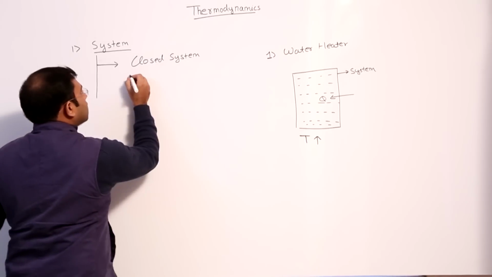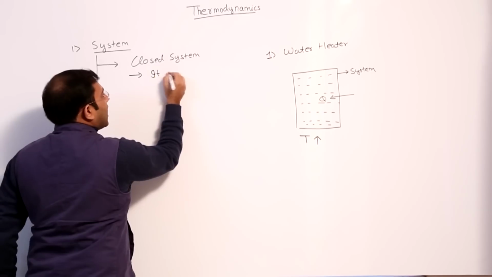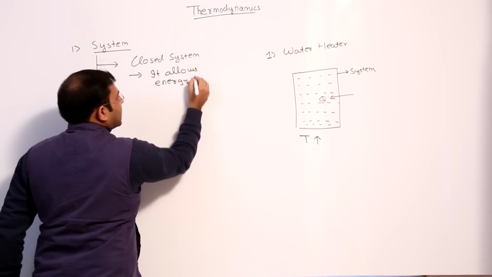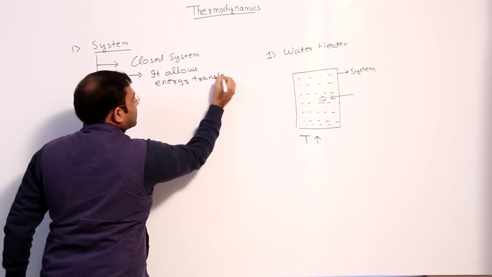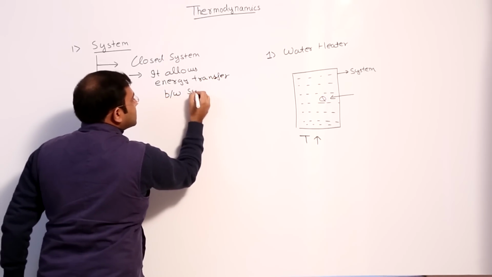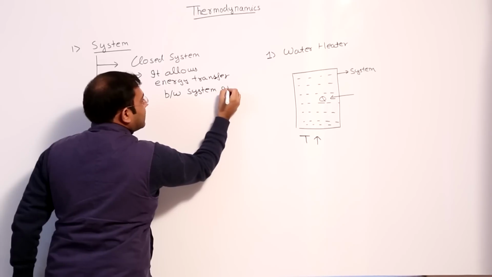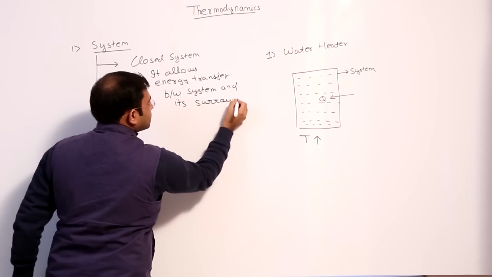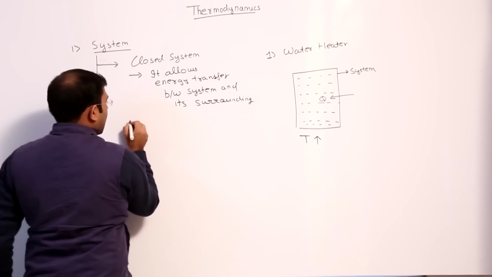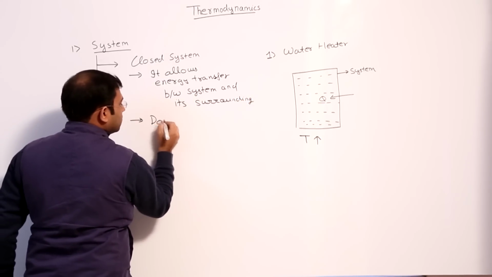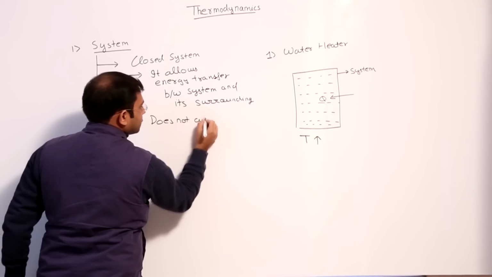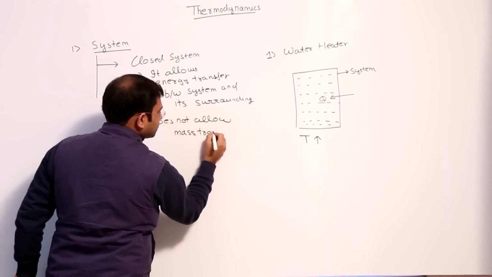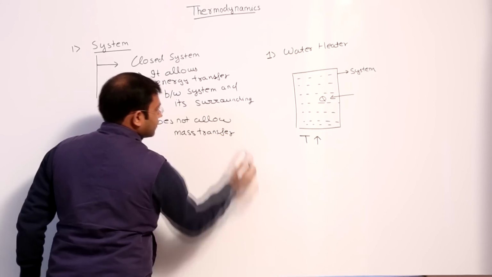So we say that a closed system allows energy transfer between system and its surroundings, and it does not allow mass transfer. Fine.